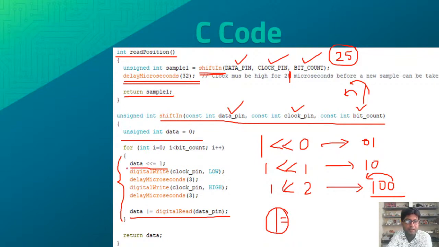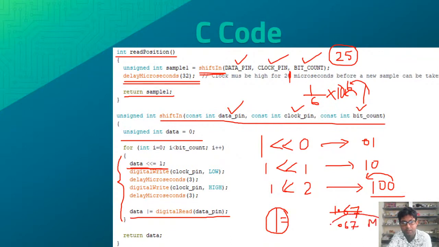For every bit you shift 1 bit, then send the clock. Here you see I am using a clock period of 6 microsecond. So my frequency is 1/6 into 10 to the power 6, that much. So 1/6 means 0.167 megahertz.